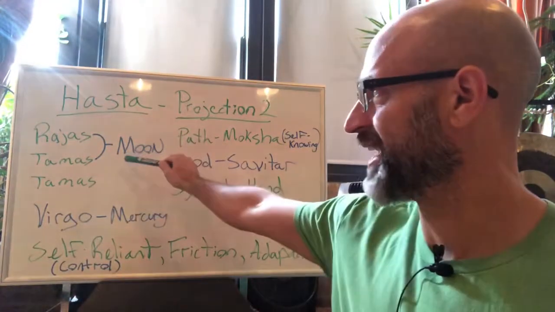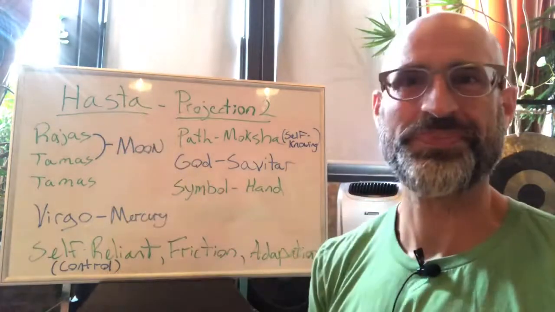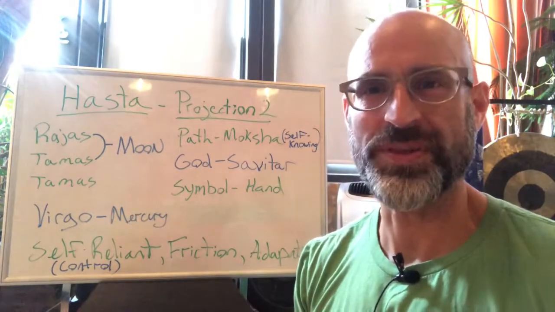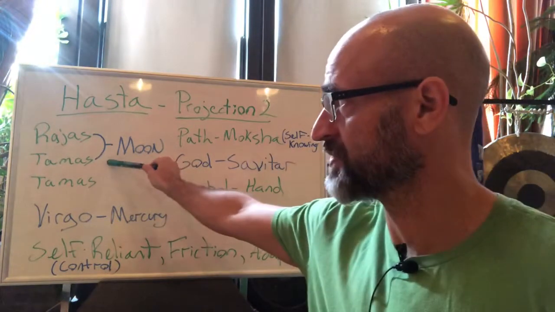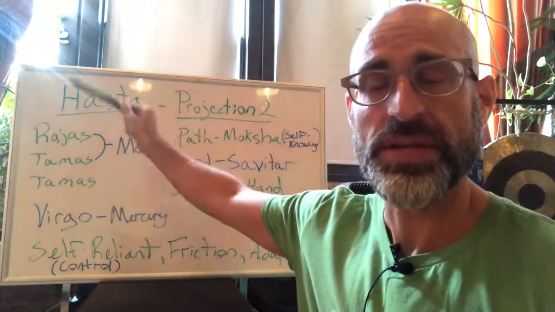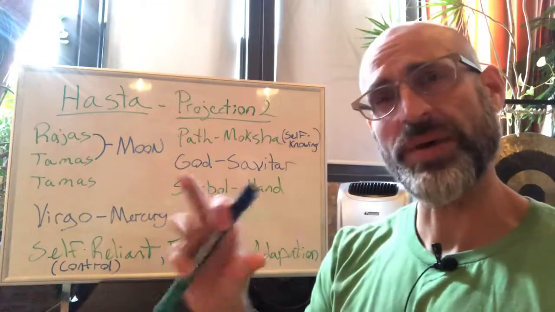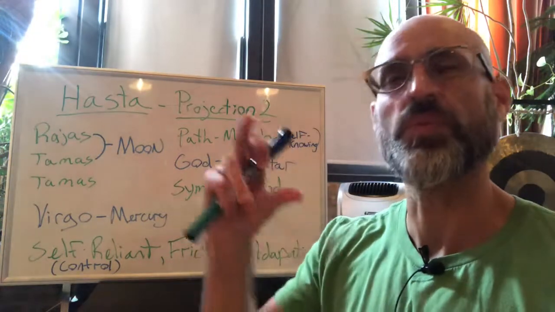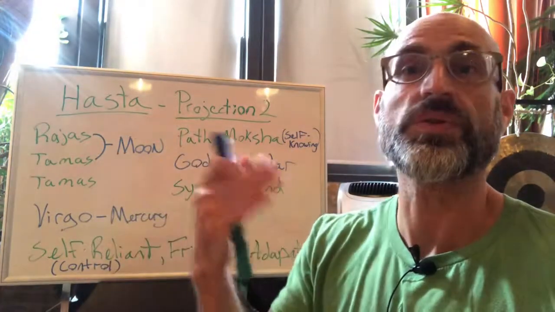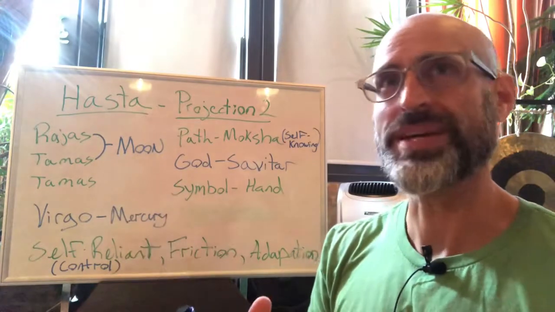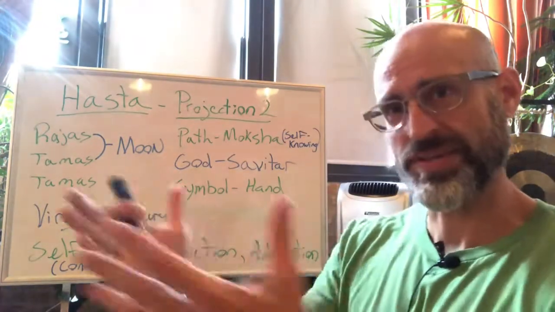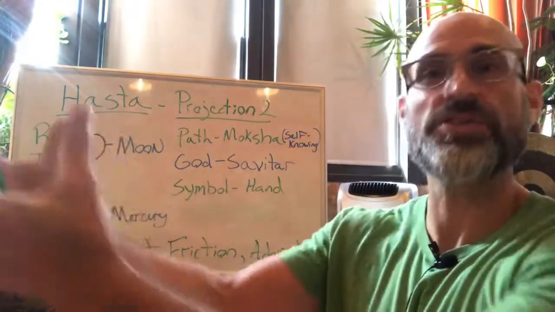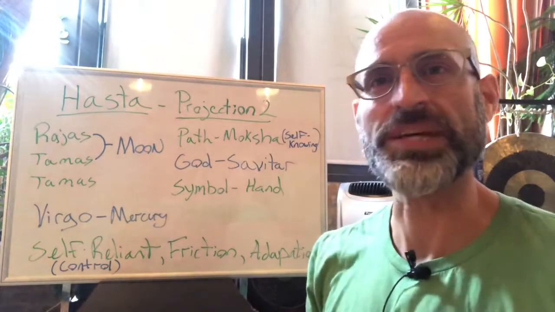So what we're looking at here is the moon. So the moon is the rulership of this particular sign. And that's the combination of tamas and rajas. So these two energies, when they combine, why they say this is like the moon, is that the moon is almost like a container for this celestial energy, for the energy of the cosmos, so to speak.